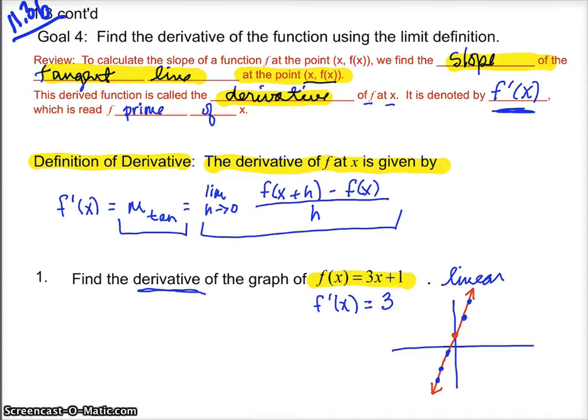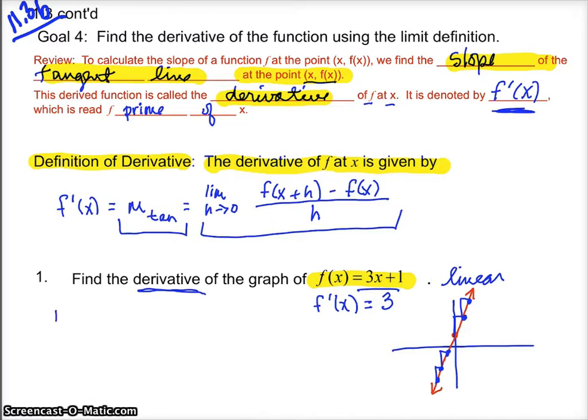Because this function is linear, the rise over run will always be 3 over 1. So I don't even need a formula in order to find the slope of a linear function. However, if you didn't catch that this was linear, and if you used the formula, I'm going to fill it out now. If you were ready to move on to number 2, move on to number 2.